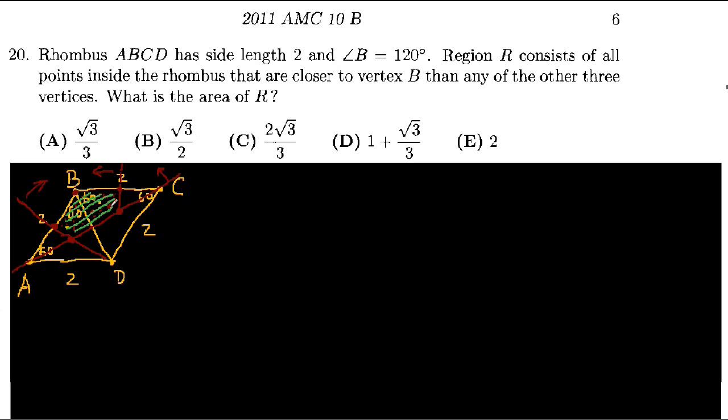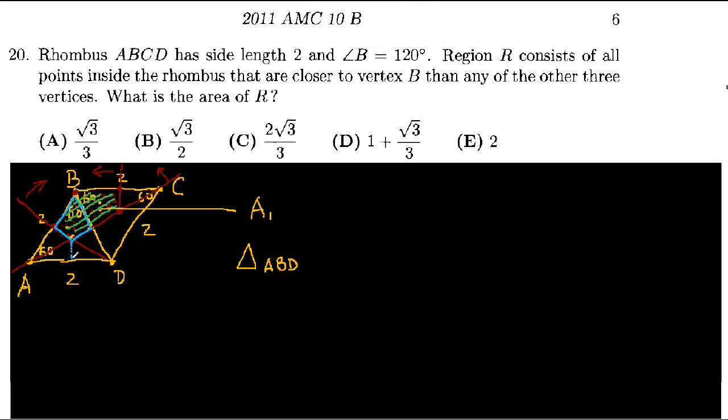Right. So let's call this area A1. Now if we look at the triangle ABD, let me use another color to highlight this blue area.